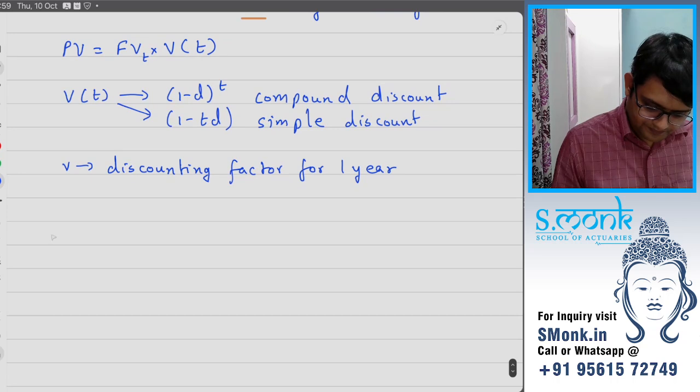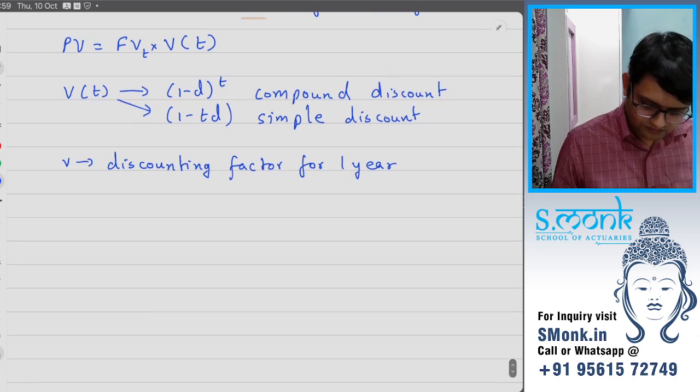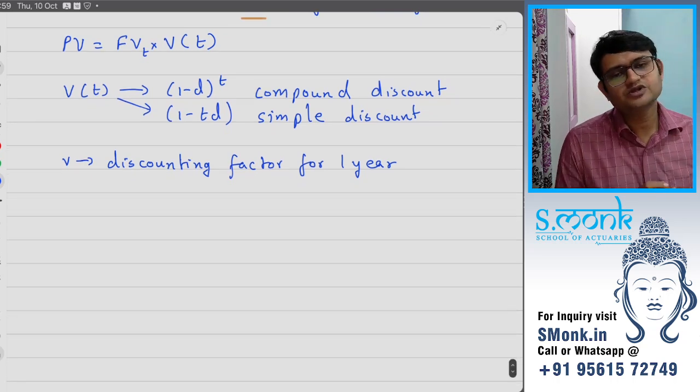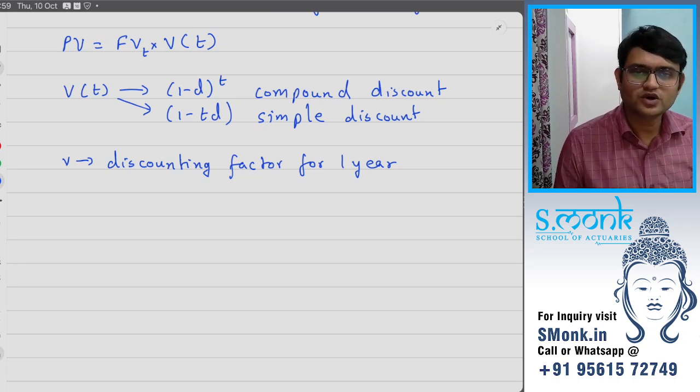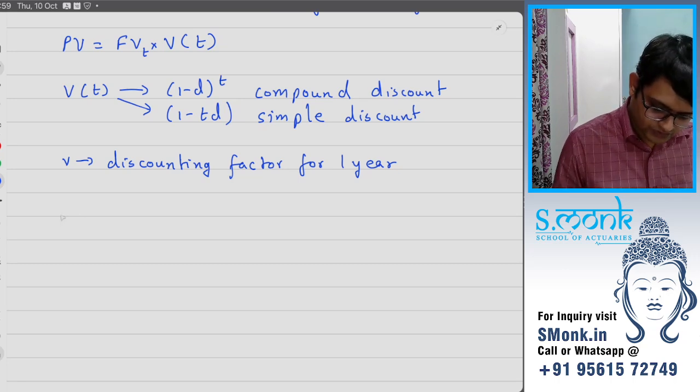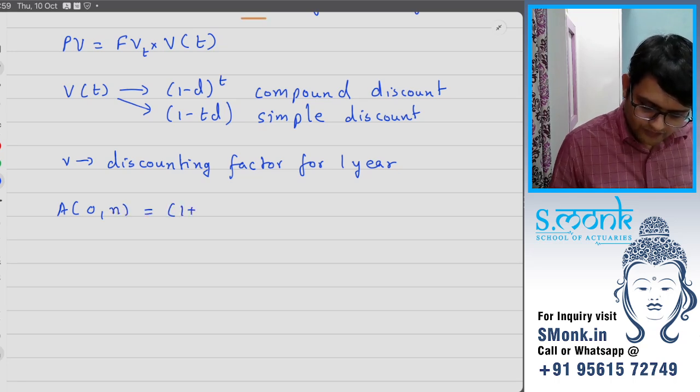Now I'll just take examples of compound interest to understand what's going on. So for accumulation factor, let's say we are going from 0 to n. We said that is nothing but (1 plus i) raised to n.